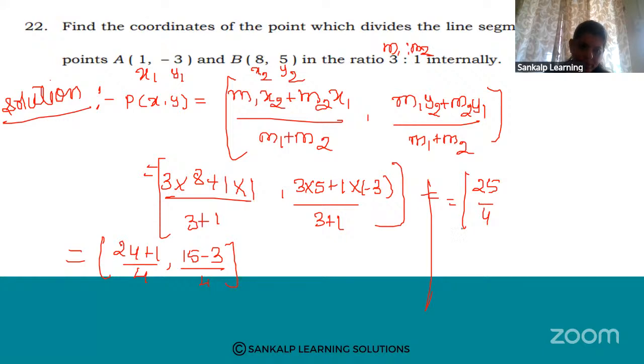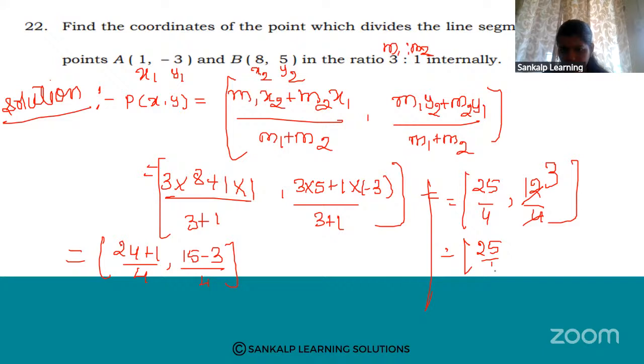Right? 15 minus 3, that is 12 divided by 4, 4 threes are 12, so 3. So the coordinates are 25 divided by 4 and 3. Okay. This is x, this is y. We solved by using the section formula here. That is important. Okay. Section formula.